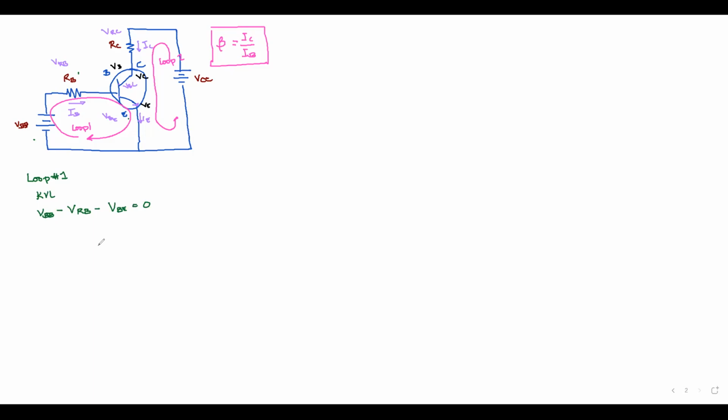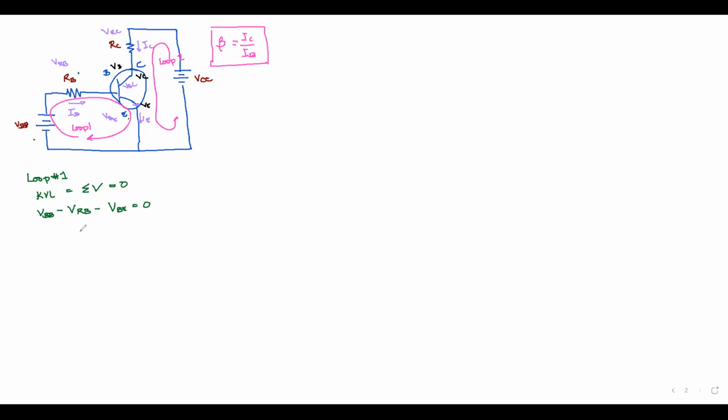Where did I get the idea? That is Kirchhoff's voltage law. Again, what is Kirchhoff's voltage law? It says that the summation of the voltages in a closed loop is equal to 0. So the voltage used up by your resistor plus the voltage between your base and your emitter, VBE, is equal to your source voltage.